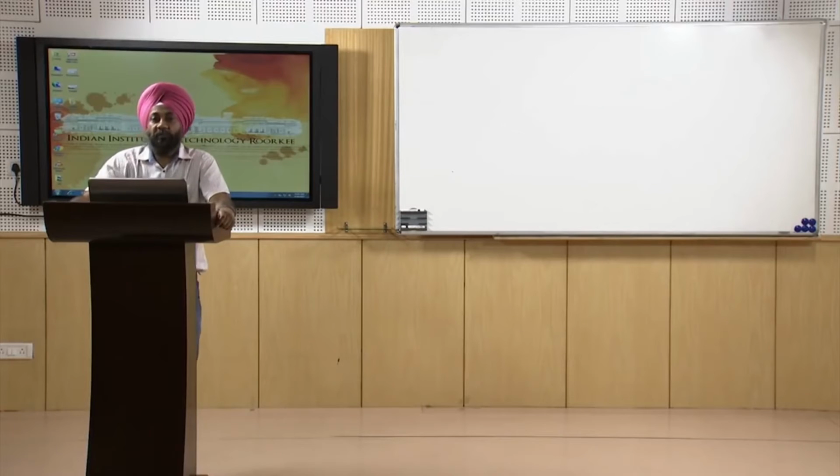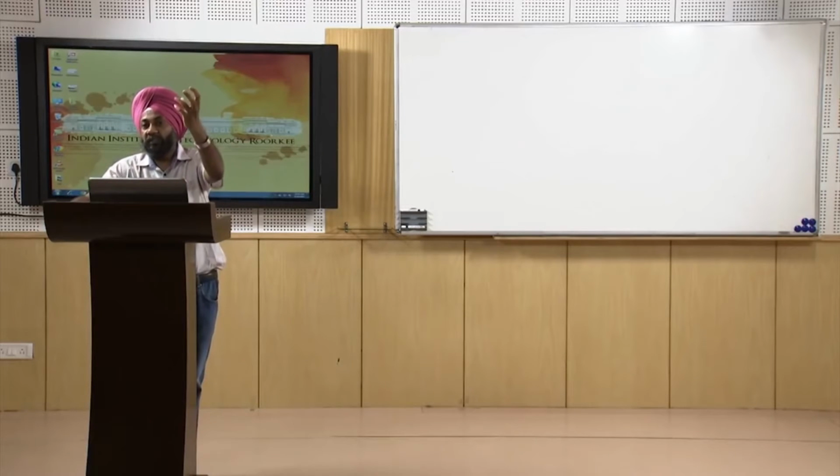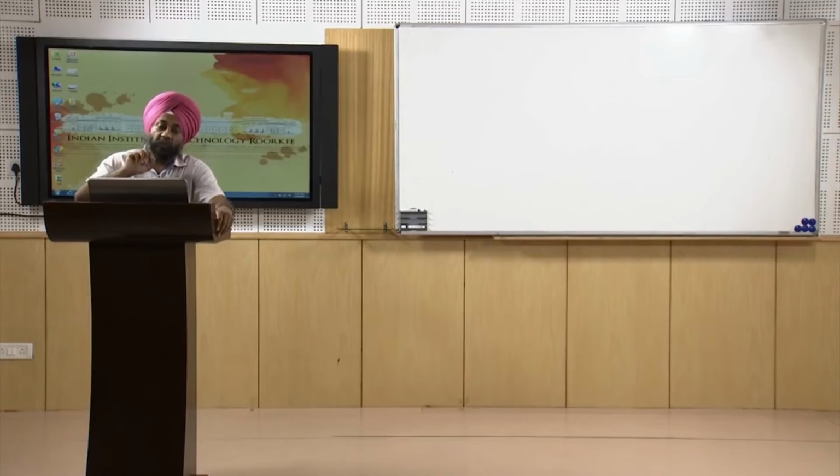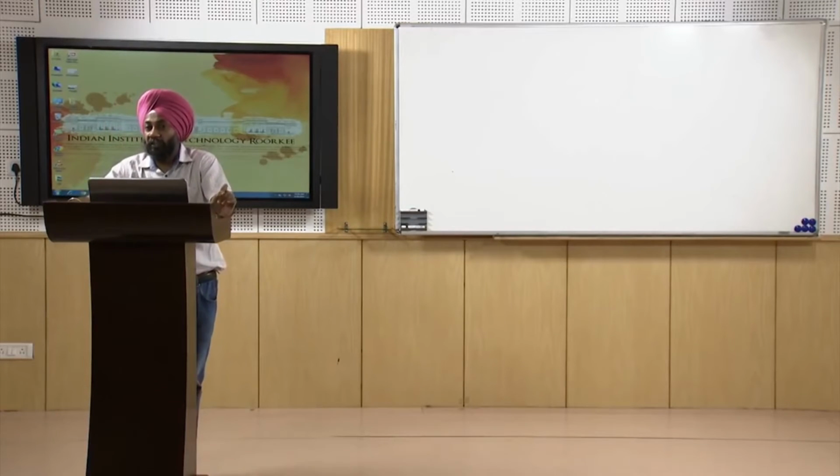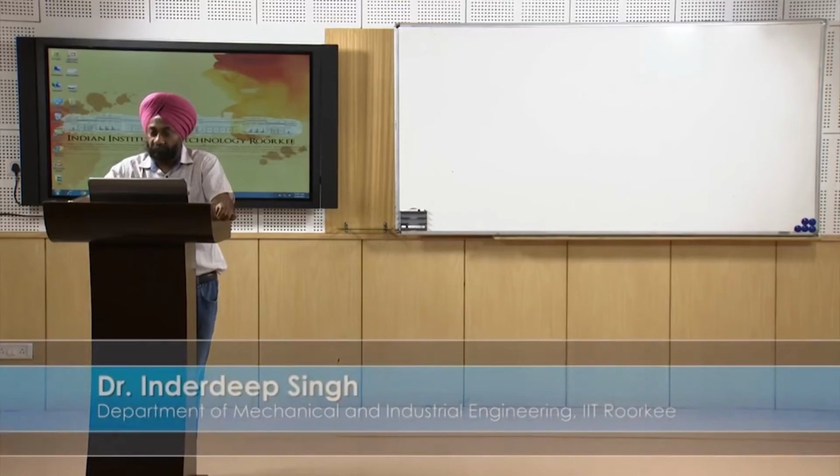Scrap generated is minimum. As you can see, the parison is predefined, as we have already seen in the process parameters, that we have to decide on the amount of raw material and on the melting temperature of the raw material. So we take decisions prior to bringing the raw material to the blow molding process, on what should be the thickness of the parison.